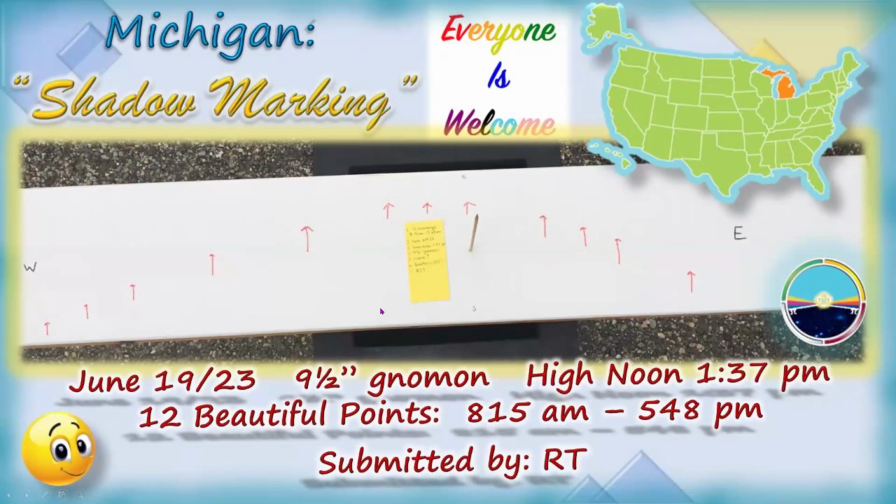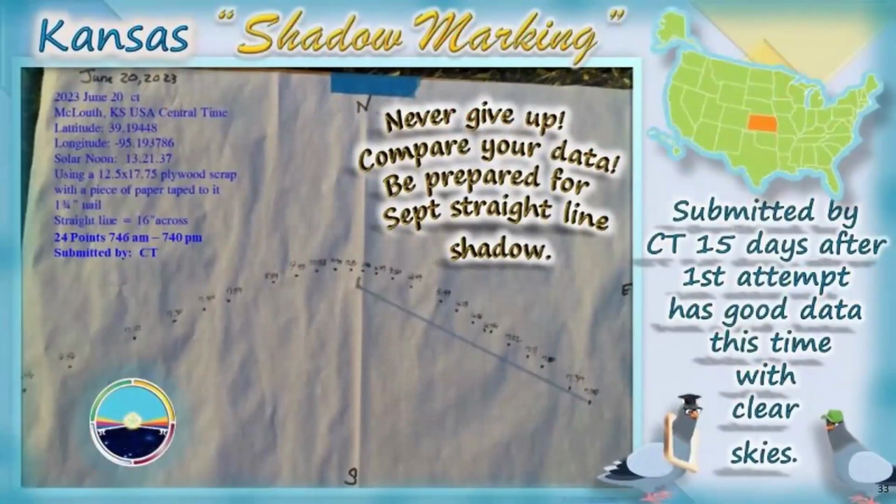You can see what she's done: she's put arrows where her marks are because she didn't want to cover up her marks. Beautiful markings. We really appreciate the markers in Michigan. There are really good markers happening up there.